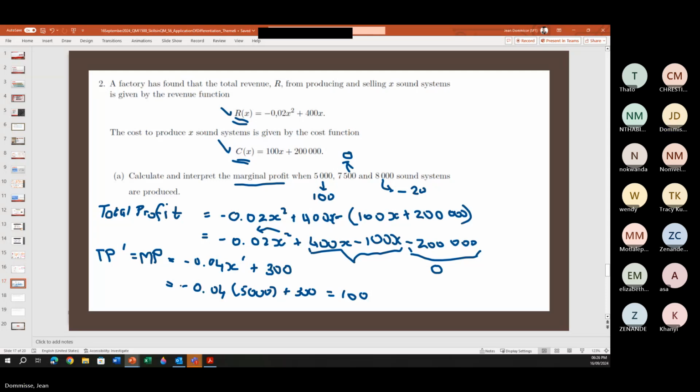Okay, the first one was 5,000 times minus 0.04. If you multiply that out, it will be minus 200. Minus 200 plus 300 will give us the 100. Then when you substitute the 5,000 with 7,500 and multiply, I got minus 300.